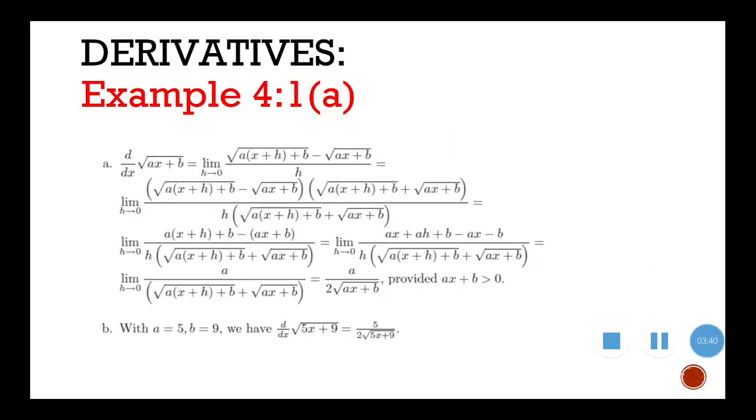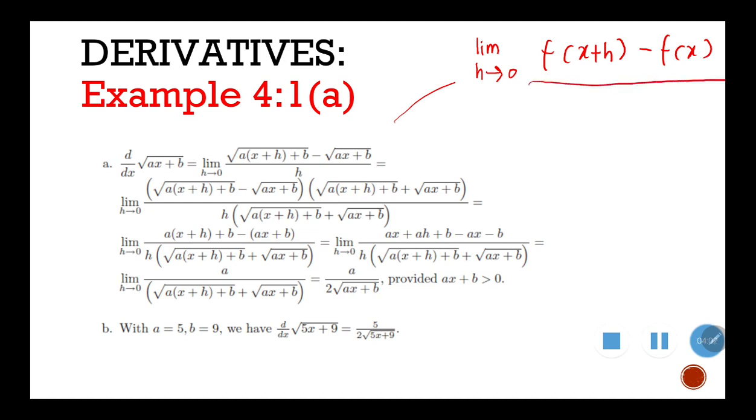So it should be like this: f(x plus h) minus f(x) over h. So this part here, I'll write it here.